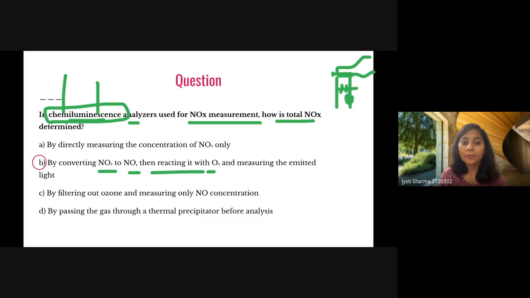This will create some oxygen, nascent oxygen, and that will emit some light, and that emitted light we can use to measure the NO2 amount in the chemiluminescence analyzer. So that's why B is the right answer.